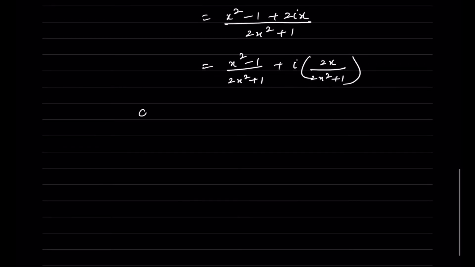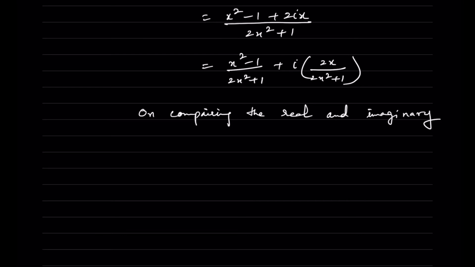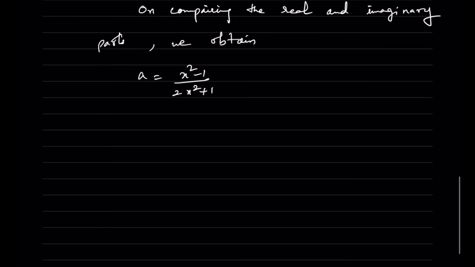Now on comparing the real and imaginary parts, we obtain a = (x² − 1)/(2x² + 1). And b, that is the imaginary part, is equal to 2x/(2x² + 1).